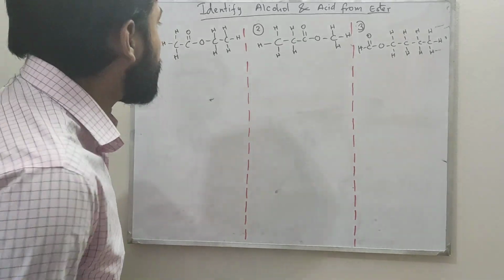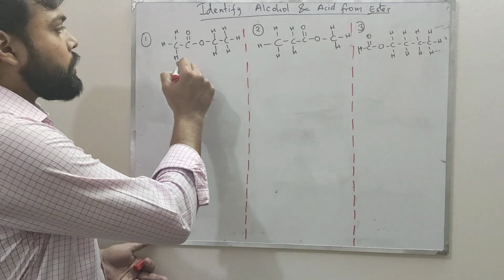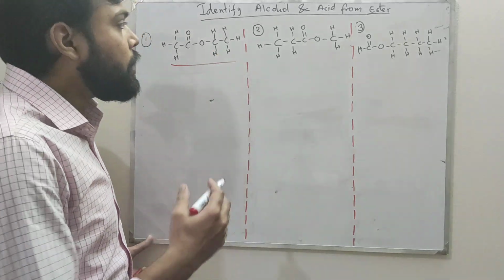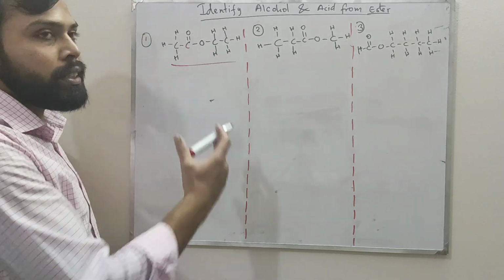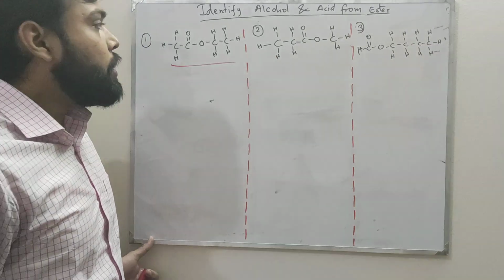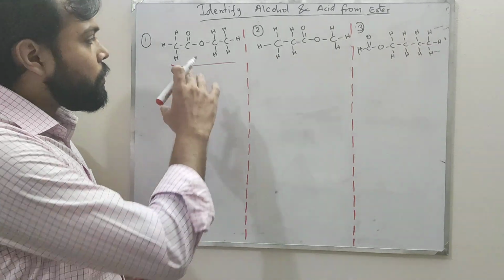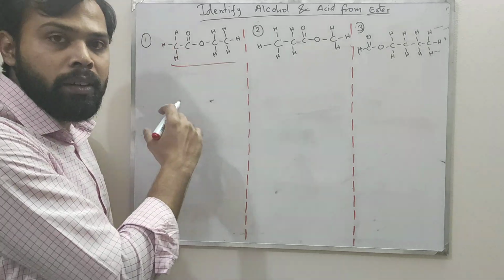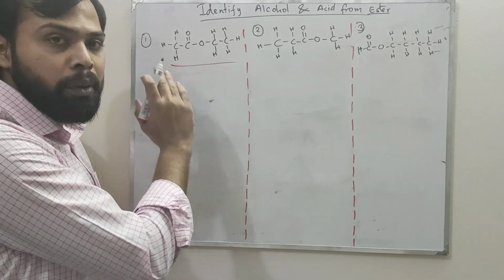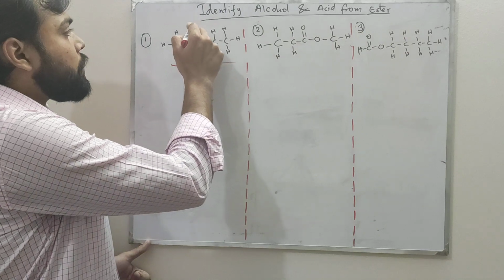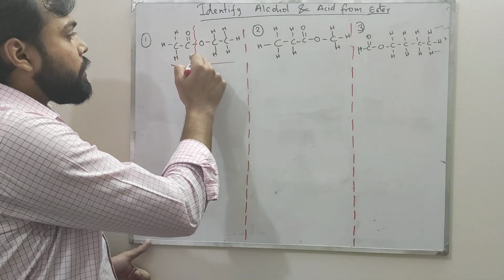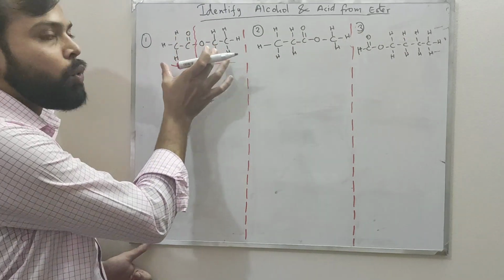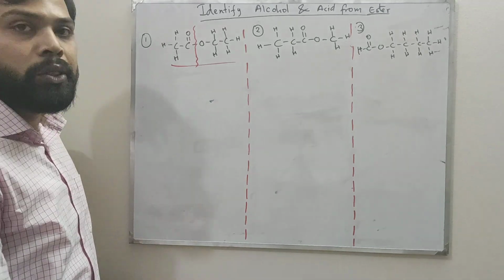So this is your ester given. They are asking what is the alcohol and what is the acid in this ester. The simple thing is, from this formula, you see where the carbon has a double bonded oxygen. We'll divide this whole compound into 2.